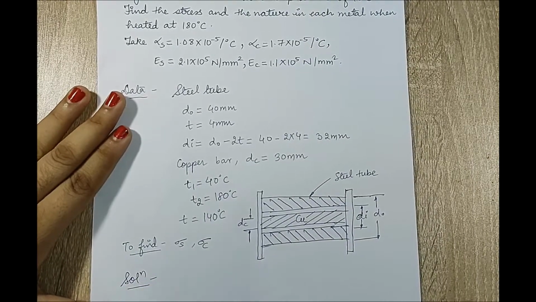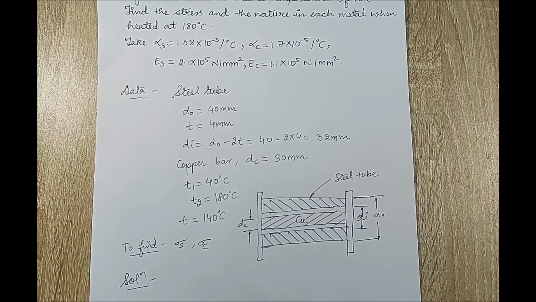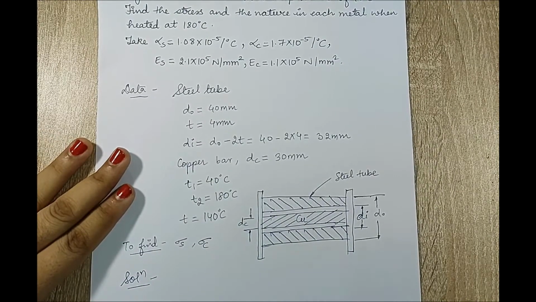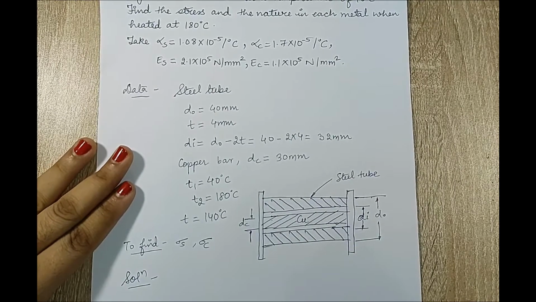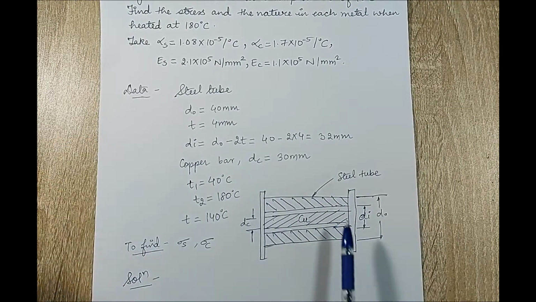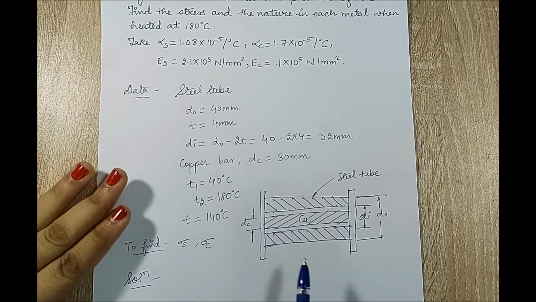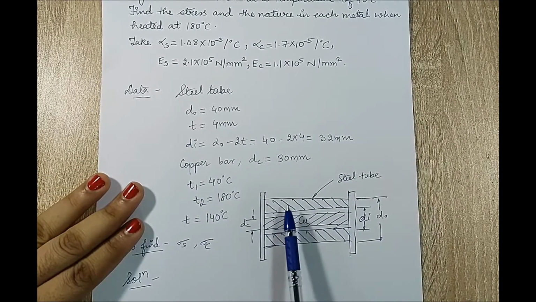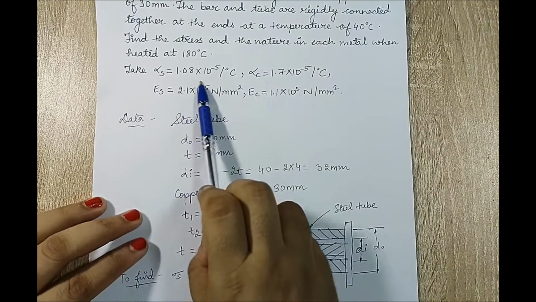Now for solving this, you will understand that these two are in parallel to each other. So I will be using the equations of composite bar. I will start with the load being equal on both of them. Now when you are talking about the load, you have to understand that these two materials have different values of alpha.